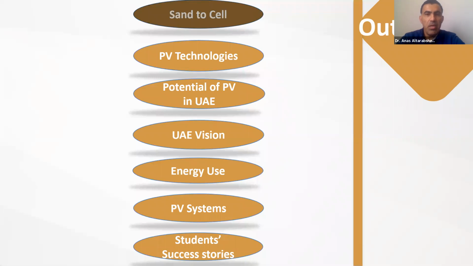Okay. We start first with the sand to cell. So here the silica in the sand is converted to silicon by chemical reaction with carbon to purify that silicon. So we get about 98% purity. And this percentage is not enough to fabricate the photovoltaic and semiconductor materials.